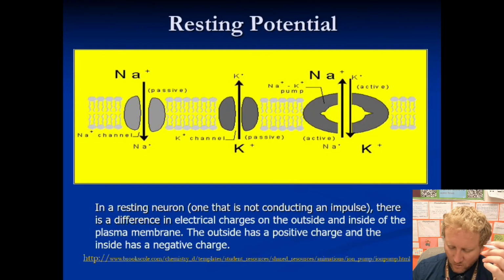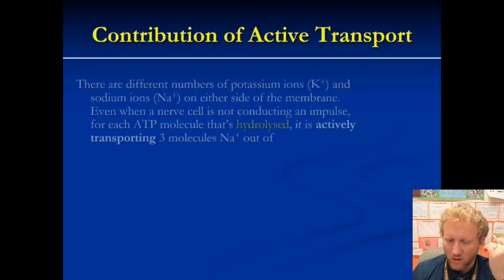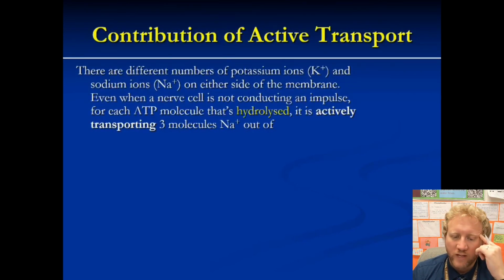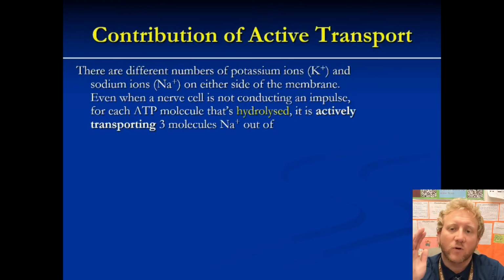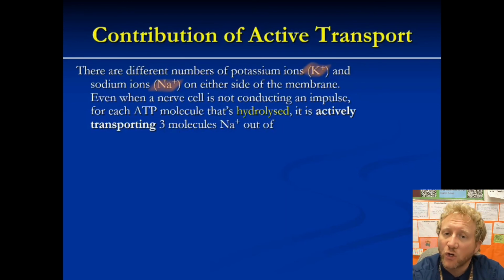We regulate this potential using various channel proteins. One of the things that we do involves active transport. The ions that we're focusing on the most are sodium and potassium. There are other ions involved, like chloride ions and other negatively charged anions, but they're not the ones that are moving.